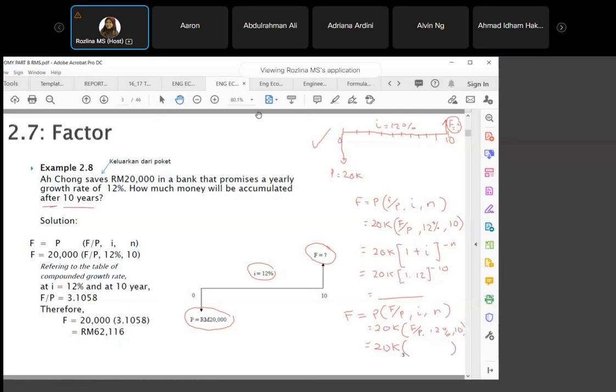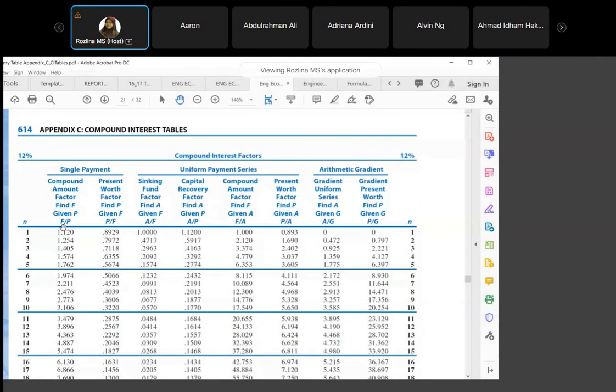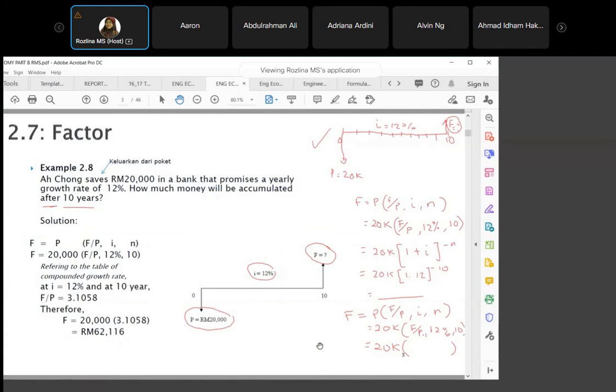So first you look at the value here. This is 12%, F over P, and N is 10. So 3.106. You put 3.106 here. So this is the answer.